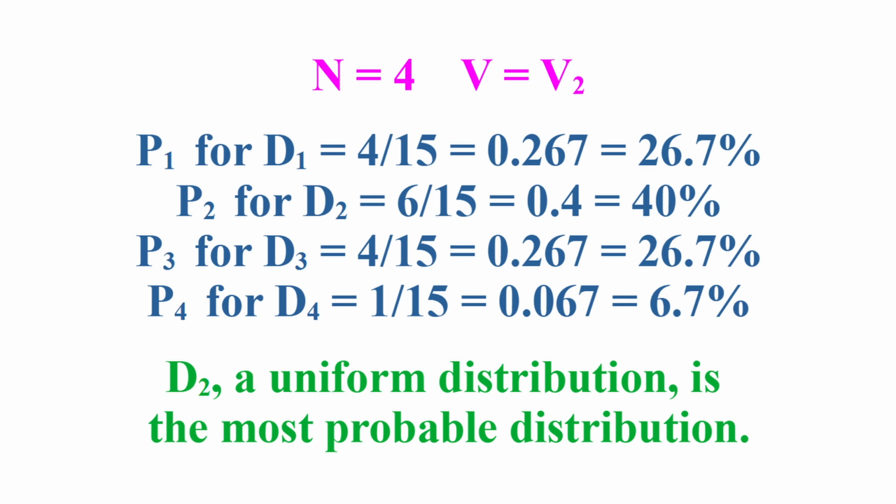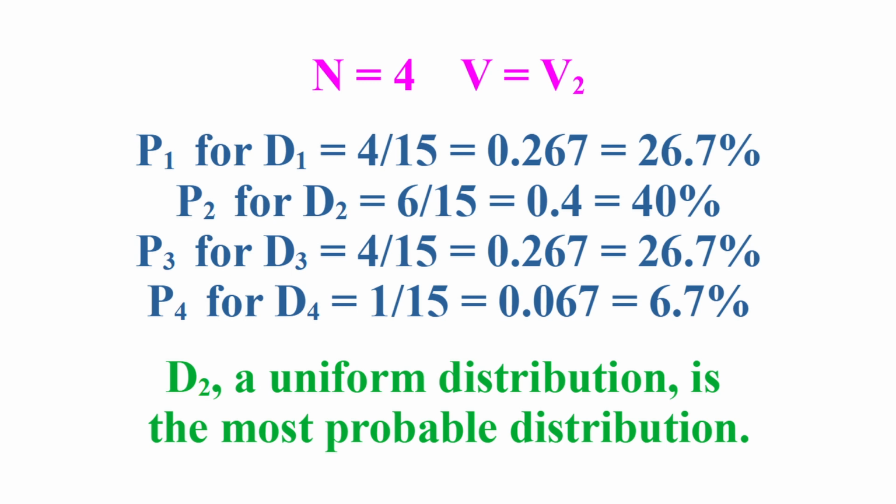Recall from part 1b that according to a postulate of statistical thermodynamic theory, each of the above 15 microstates is associated with equal probability of occurring. Therefore, the probabilities for the 4 different distributions in V2 are 4 over 15, 6 over 15, 4 over 15, and 1 over 15 respectively.